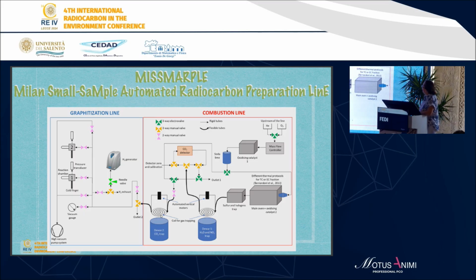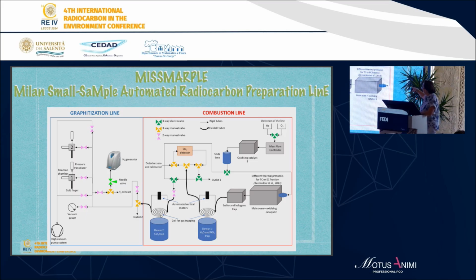This is the Milan Small Sample Automated Radiocarbon Preparation Line, dealing with samples collected from particulate matter on quartz filter. You read this sketch from right to left. In the upper part on the left, we have the feeding with helium and oxygen that are first purified and then enter the main oven.